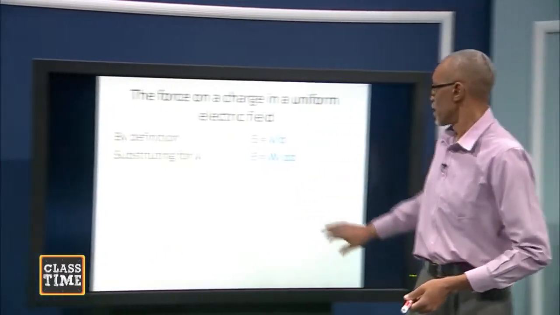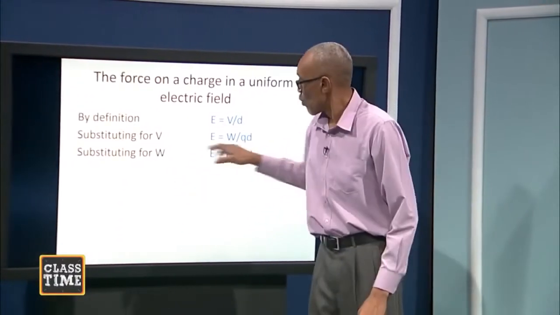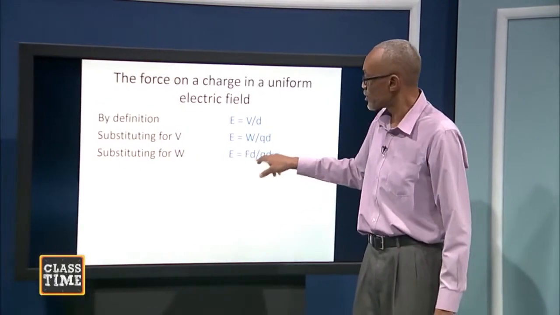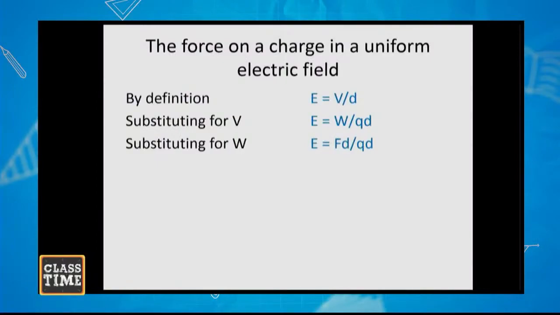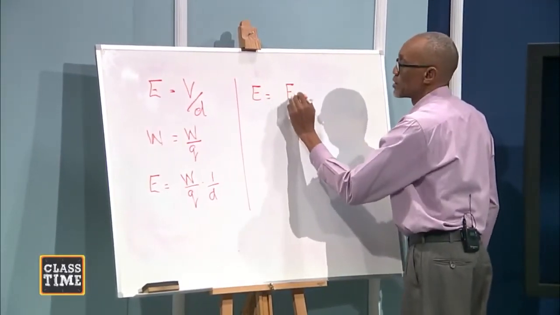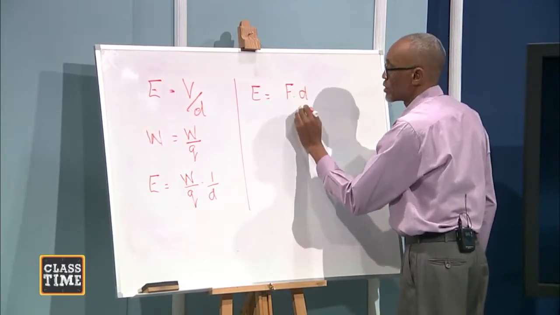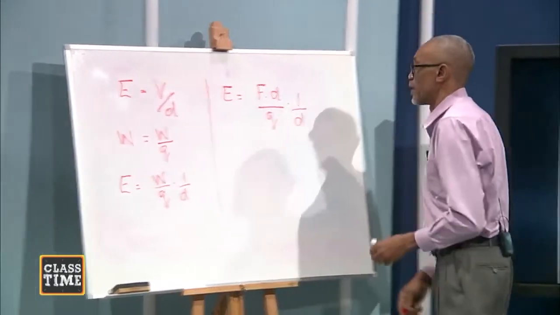The next thing is that work done is force times distance. So I will have E equal to force times distance over charge times distance, that is, F times d over Q times d.